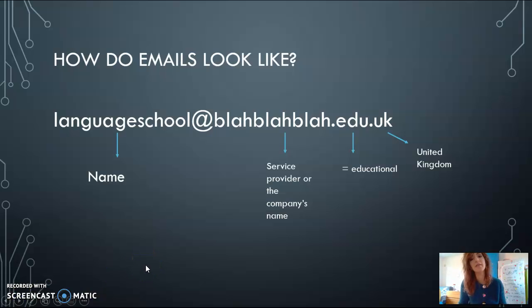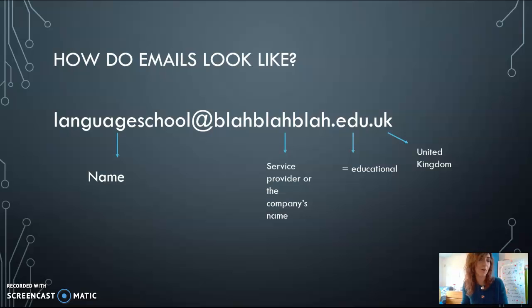Okay, last thing is, what do emails look like? They normally look like this: languageschool@blah-blah-blah.edu.uk. Language school is of course the name. Then "at". Blah blah blah is the service provider or the company's name, for example Yahoo, Hotmail, etc. Edu stands for educational.